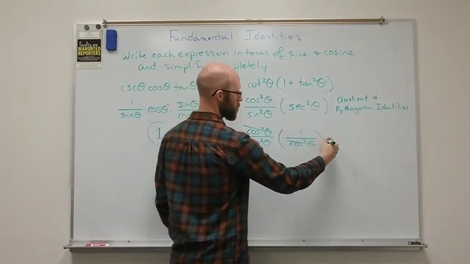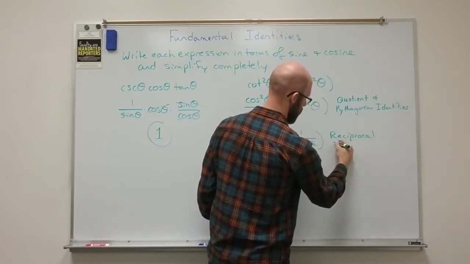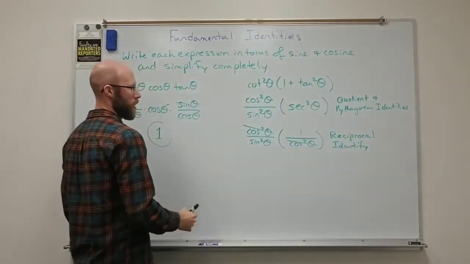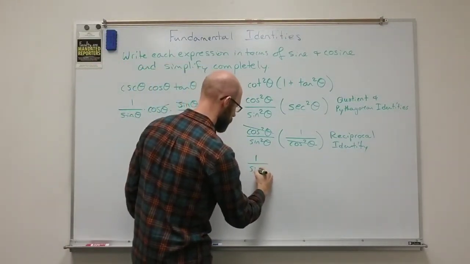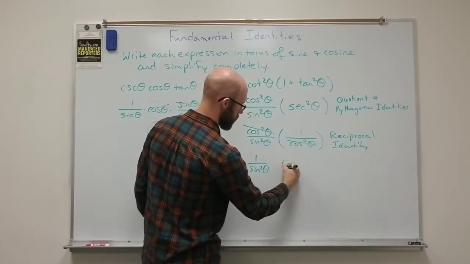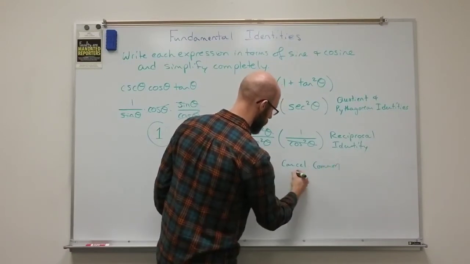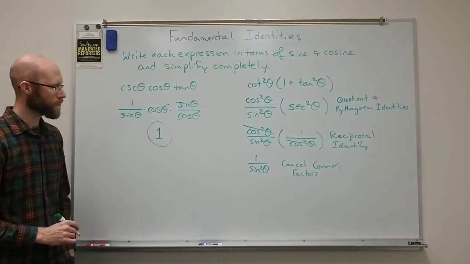So that's using a reciprocal identity. Cancel a little bit there, I get 1 over the sine squared. So that's, what would I say there? Cancel common factors. Okay.